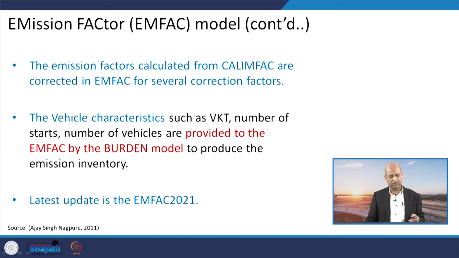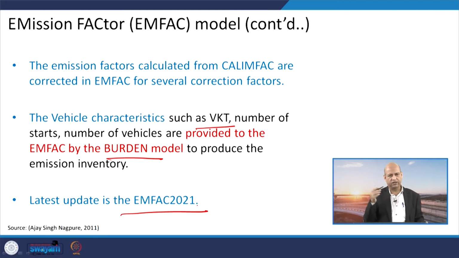This provides the estimations for that particular state, and it can have input parameters like vehicle characteristics, VKT etc. The number of starts and number of vehicles are provided by another model which estimates the number of vehicles city wise. And the latest version of this model is 2021.